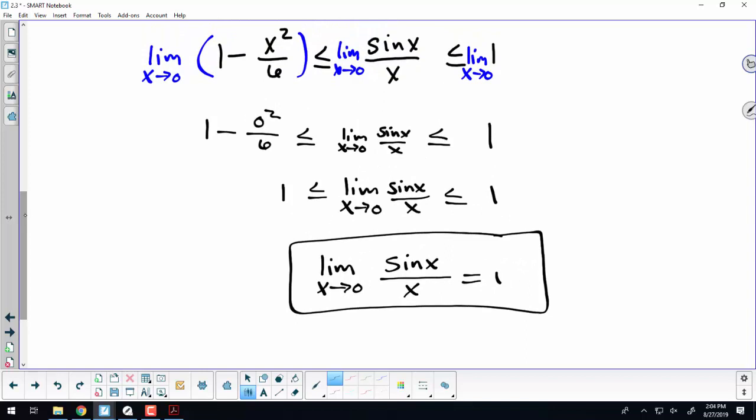If those end values aren't the same, like if this one was 1 and the other one was 10, then you're stuck. You've got to come up with a different inequality. It wouldn't tell you any information unless those two numbers on the ends are the same.